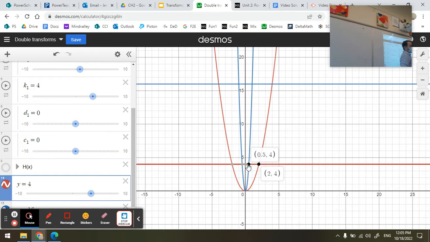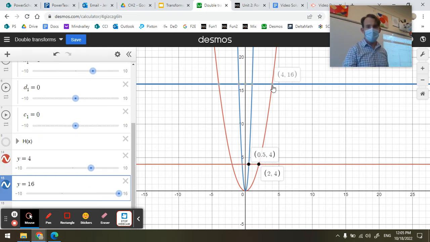We divided 2 by 4 to get 1/2. Let's take a look at this point, (4, 16). Where do you predict this point to be? So if we take a look at this point up here, (4, 16), we divide the x value by 4, we get (1, 16).